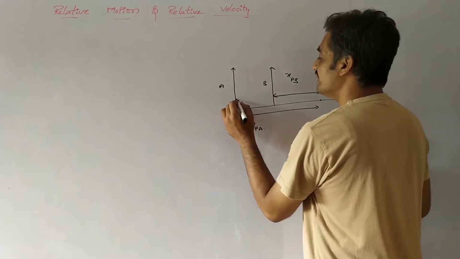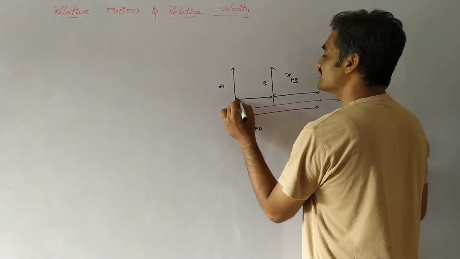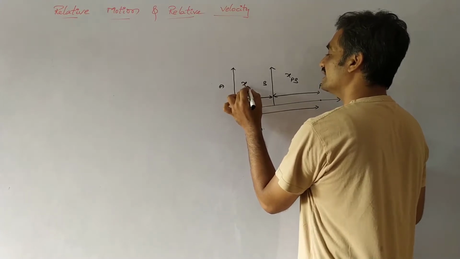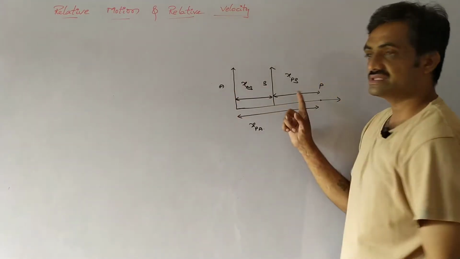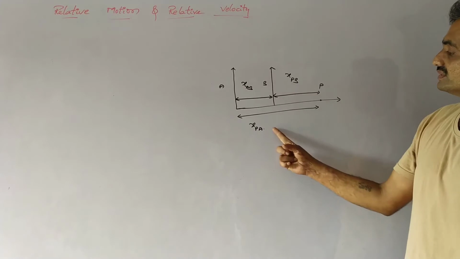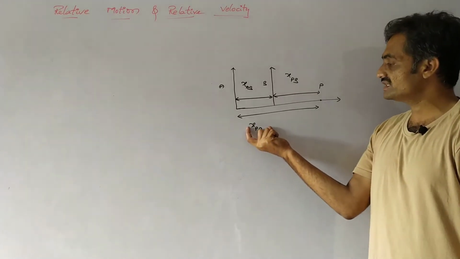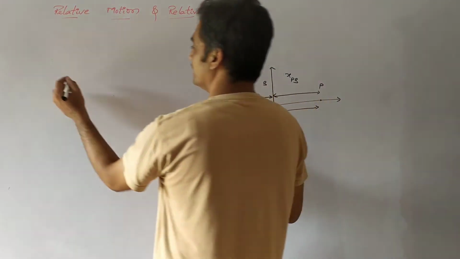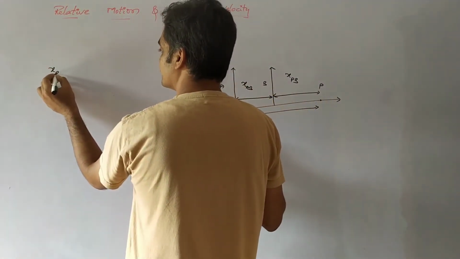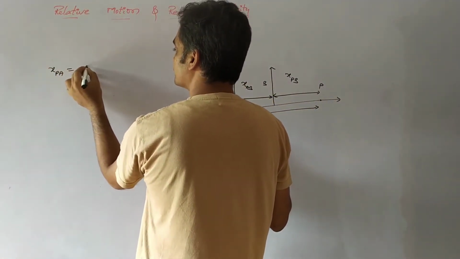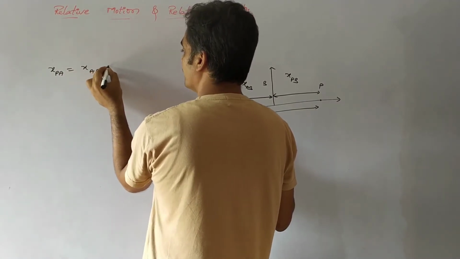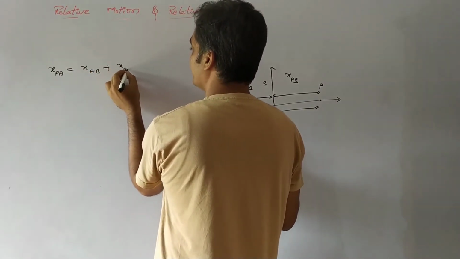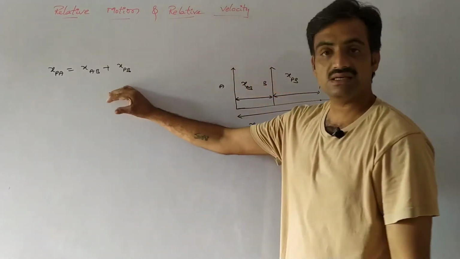The distance between observers A and B is given as x suffix AB. As you observe, the total distance x suffix PA is equal to the sum of these two distances. So we can write x suffix PA is equal to x suffix AB plus x suffix PB. It represents the relative motion.